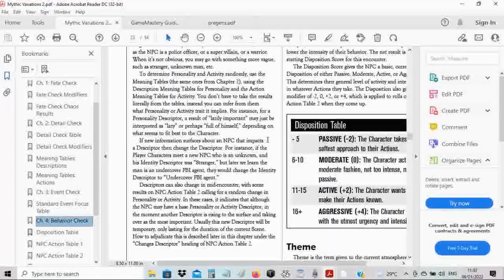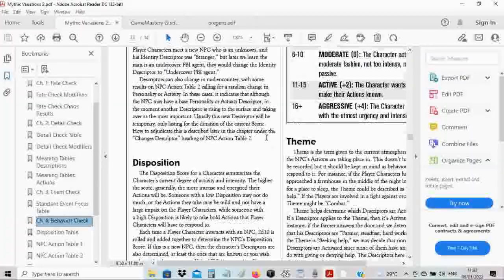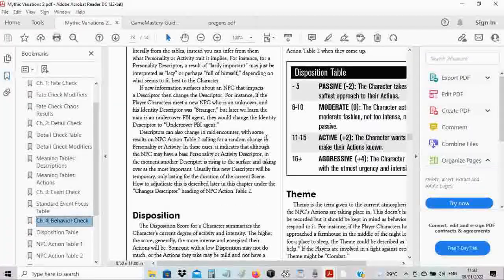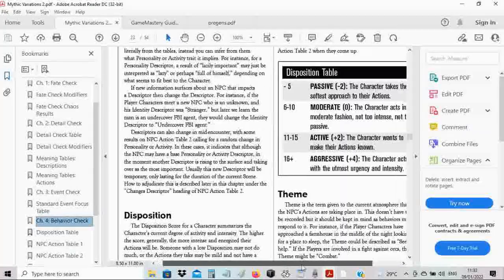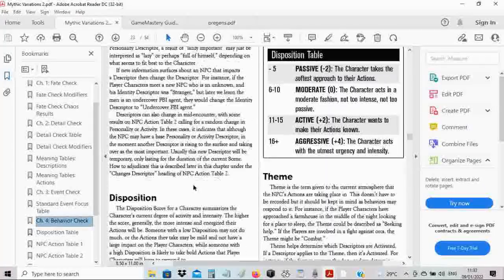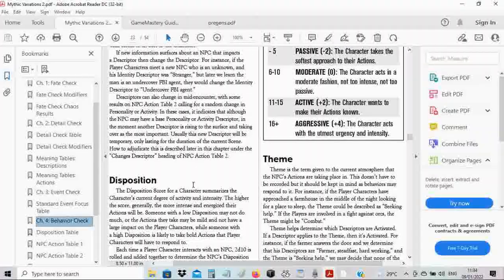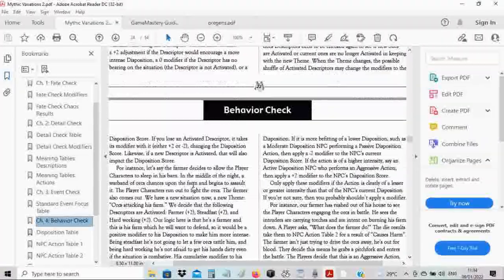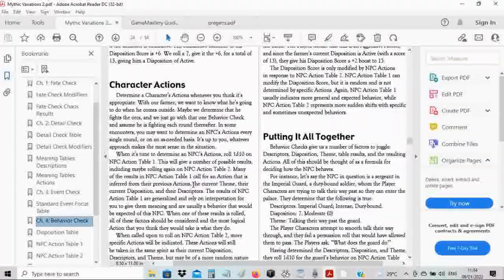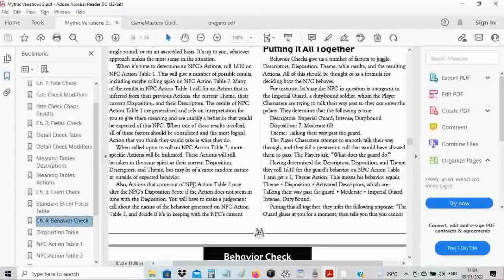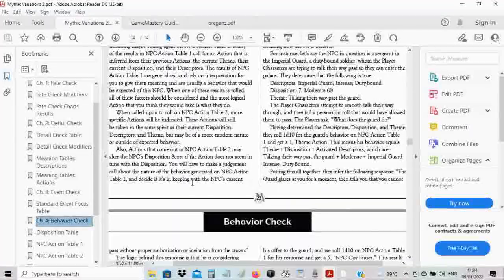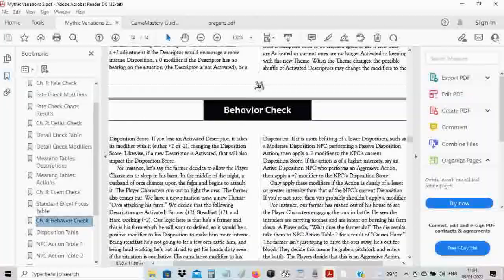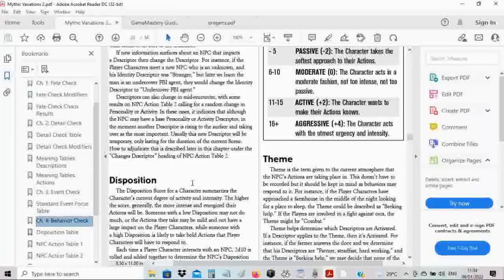Now here's the disposition table. So basically, this is how we can tell how the characters react. The book actually offers some really good examples, but yeah, we'll use our own.